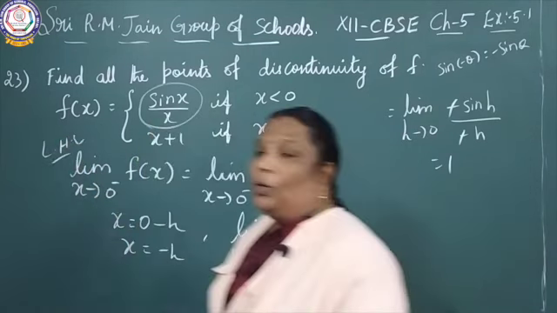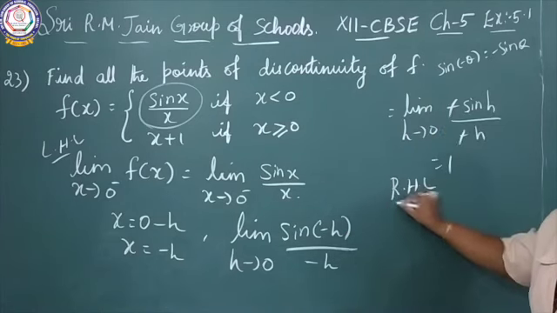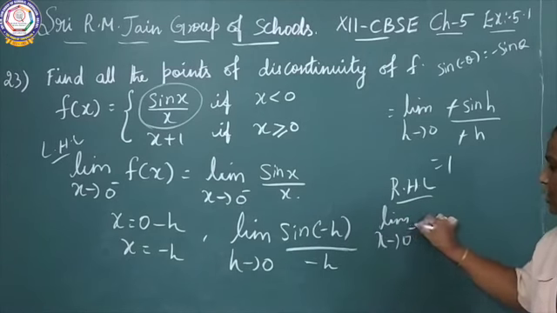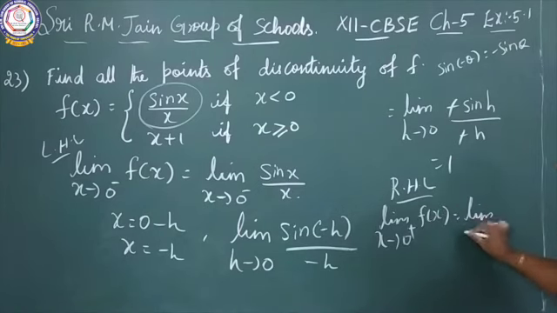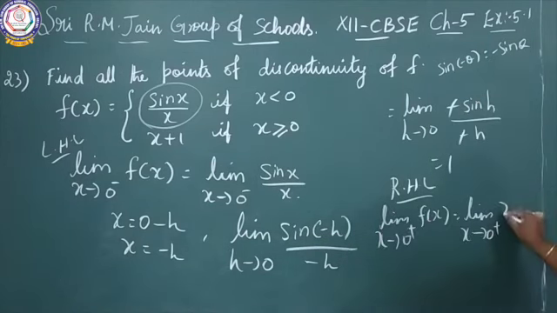Now you move on to the right hand limit. Limit x tends to 0 plus of f of x. Here x is greater than 0, so the value is x plus 1.